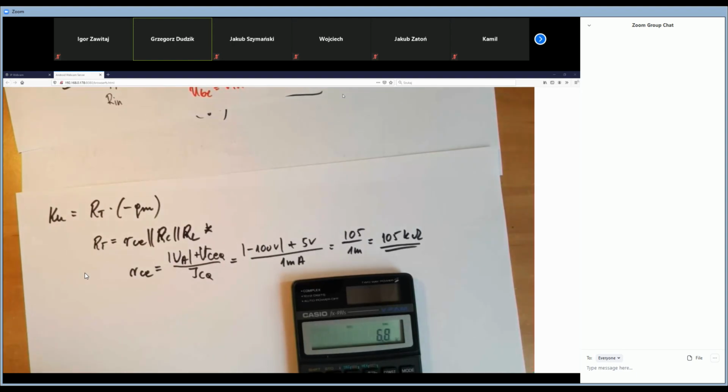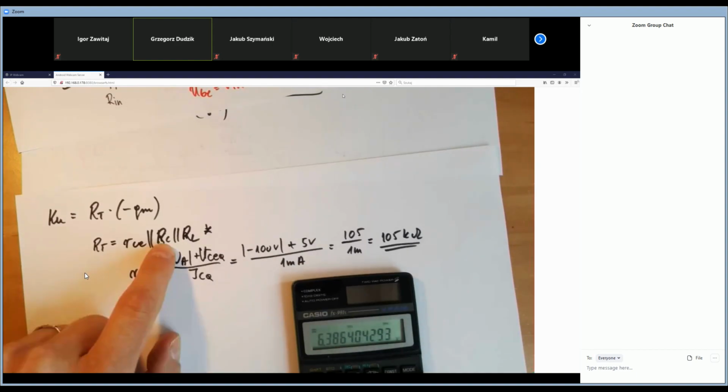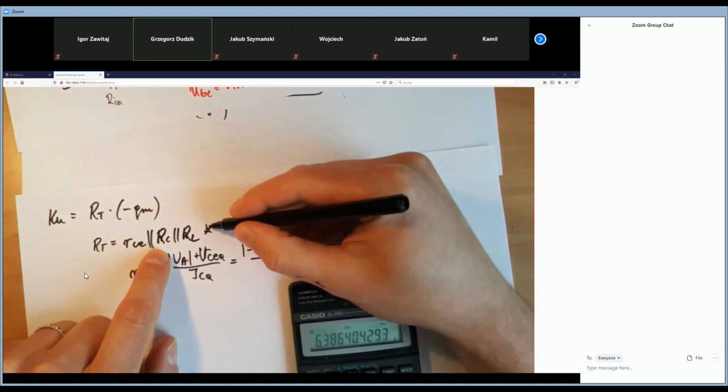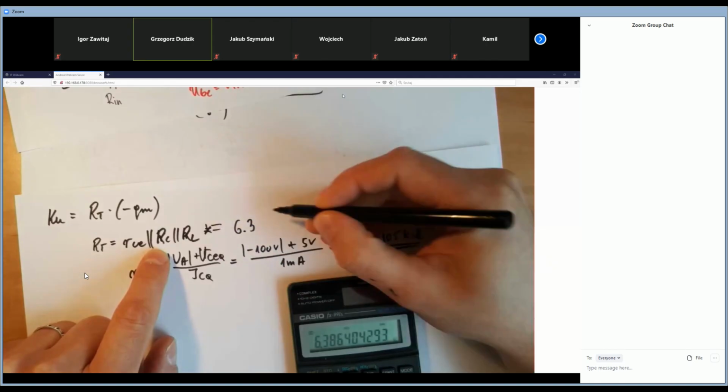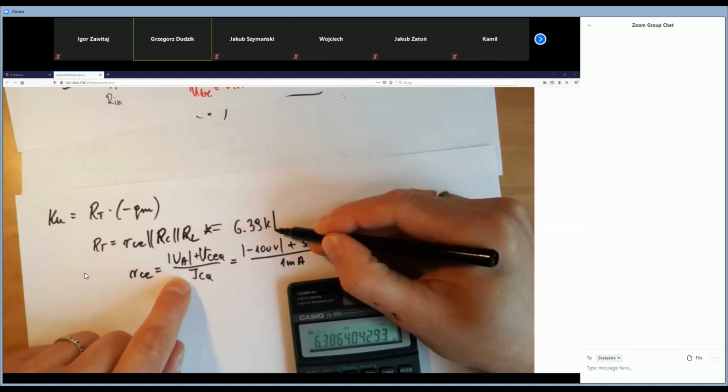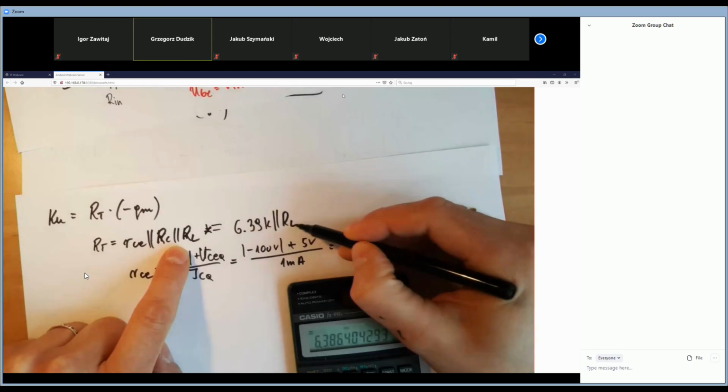Divided by the sum of it: 105 K plus 6.8 K. So these two resistances gave us 6.39 K, which is parallel with the RL.